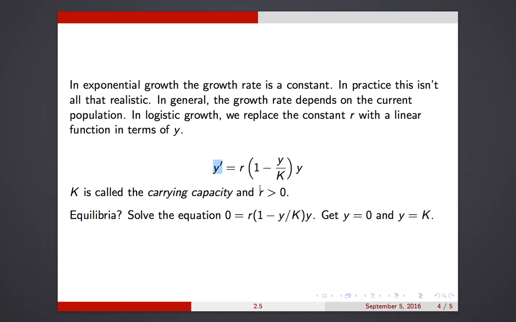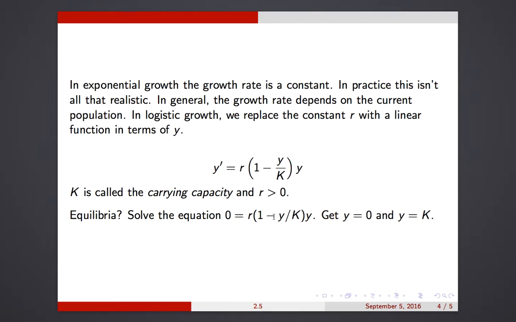So to find the equilibria of any DE, not just this one, you would just substitute 0 in for y prime and see what you get. In this case, you have a factored quadratic in terms of y, and you get two solutions. y equals 0 will work, and y equals k will work. If you substitute k in for that y, you'll kill this term here, and you'll get 0.